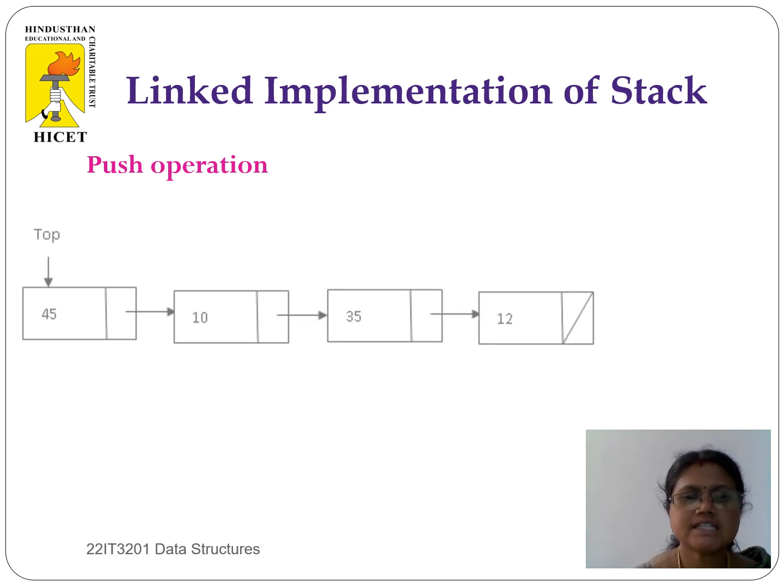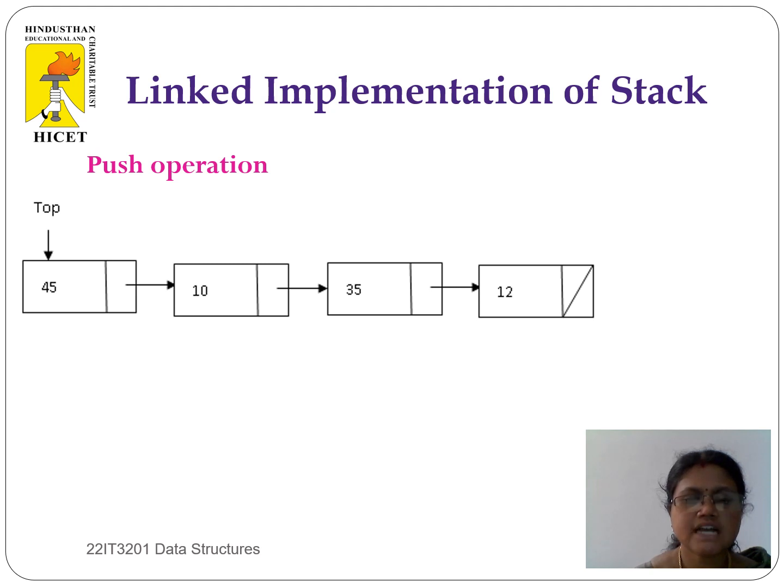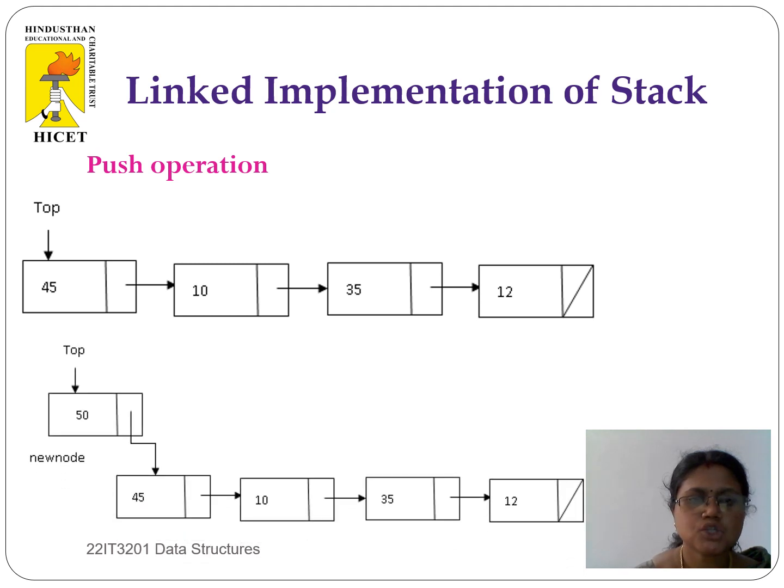In the given example, the current content of the stack is 12, 35, 10 and 45. 45 is the topmost element, which is being pointed to by a pointer called top. Let us assume that we want to insert an element 50 into the linked implementation of a stack. A new node has to be created with the element 50.